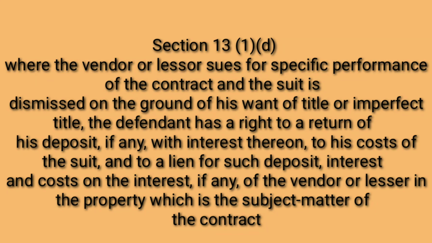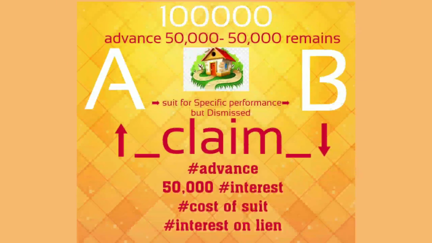Let's understand this also with the help of an example. For example, A made a contract with B for the selling of a house, and the purchase money of the house is 1 lakh. B paid half of the amount in advance, that is 50,000 B paid in advance.